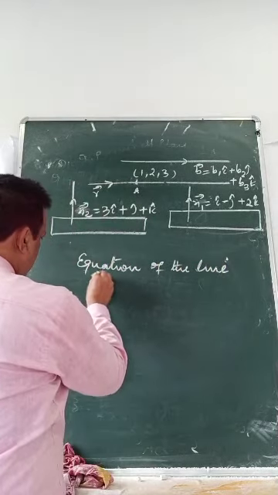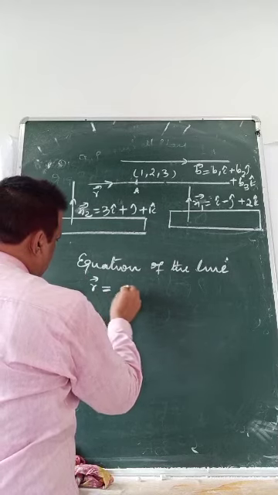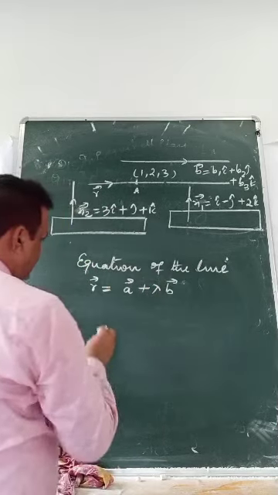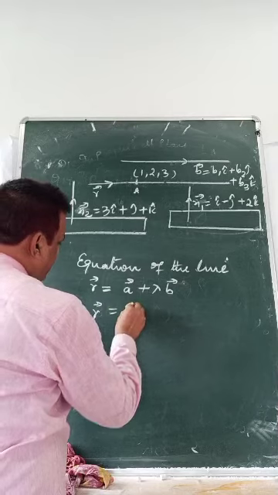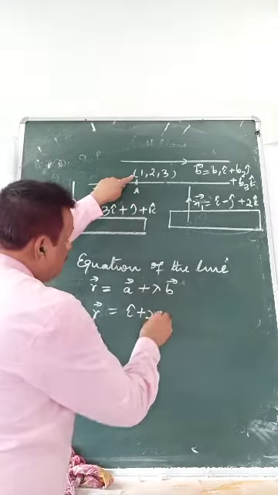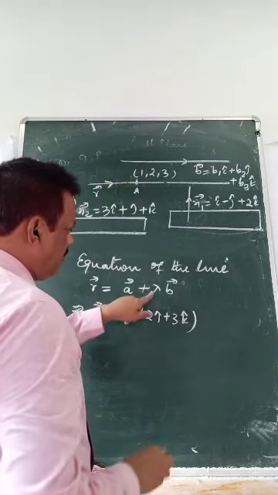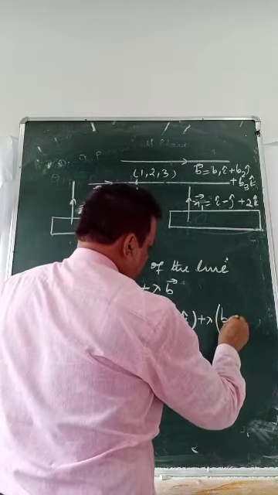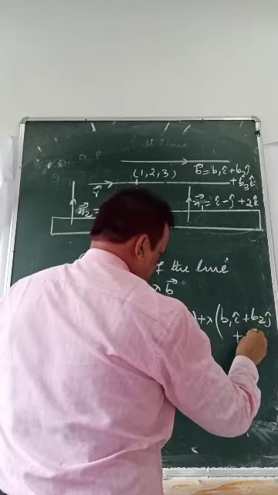That is r equals a plus lambda b, which implies r equals a, where a is the point i plus 2j plus 3k, plus lambda times b, meaning b1 i, b2 j, b3 k.